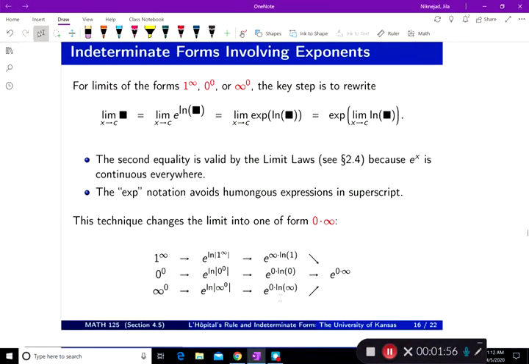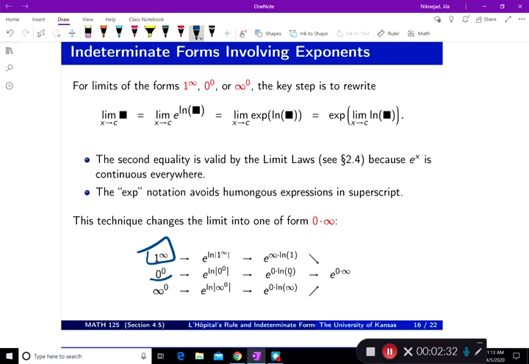Here is a little sketch of how everything works. If it's 1 to infinity, it becomes e to the power natural log of 1 to infinity. Infinity is the exponent, so it becomes exponential of infinity times natural log of 1, which is e to the power 0 times infinity. In here, 0 to 0 becomes e to the power natural log of 0 to 0.